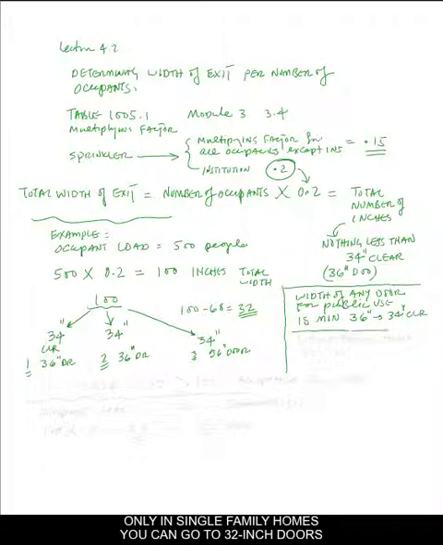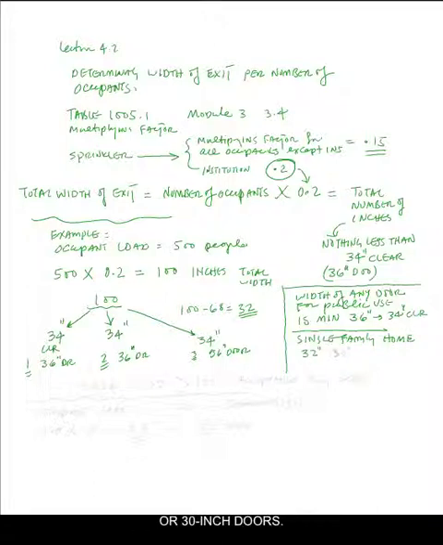Only in single family homes you can go to 32-inch doors or 30-inch doors. Otherwise, none of those will be accepted in a commercial or institutional setting.